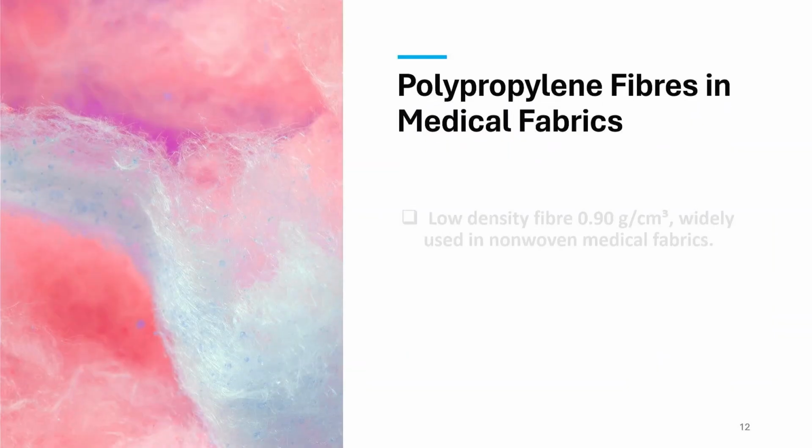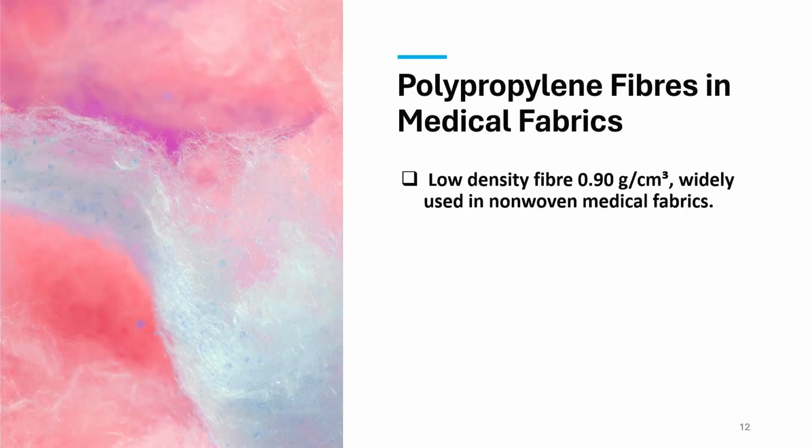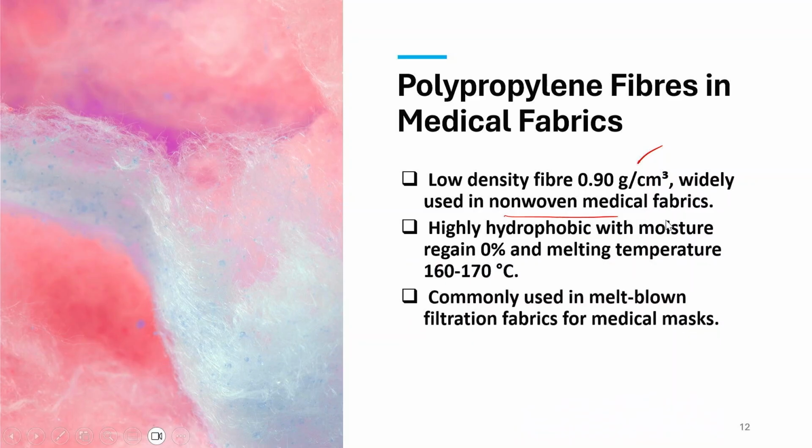Polypropylene fibers are also used in medical textiles. Due to its low density, this is widely used for non-woven medical fabrics. It is highly hydrophobic, its moisture regain is almost 0%, and it is commonly used in melt blown filtration fabric for medical masks.